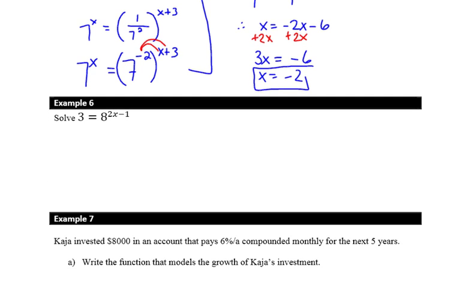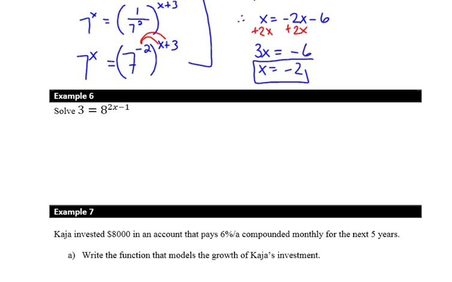Now, what do we do when we can't make the bases the same? Does anyone remember? It's been a little while, not too long. That's when we have to use logs.